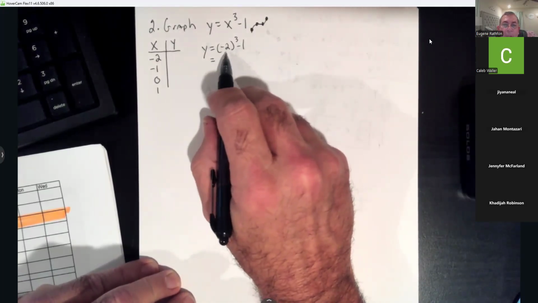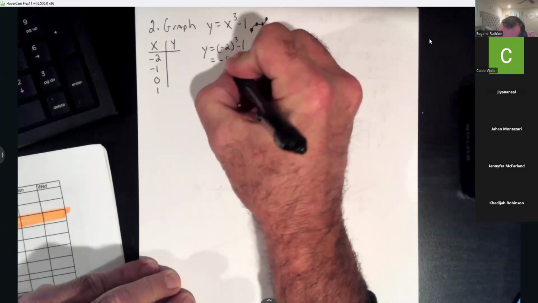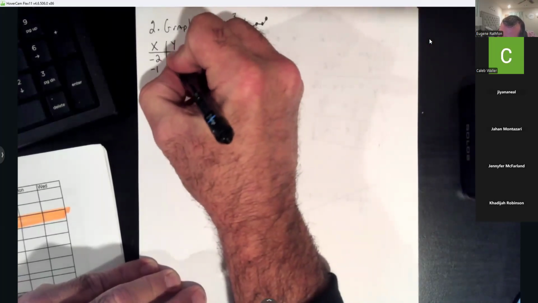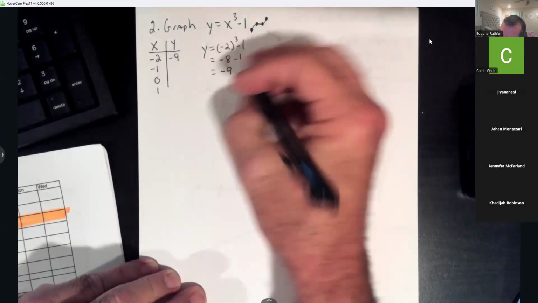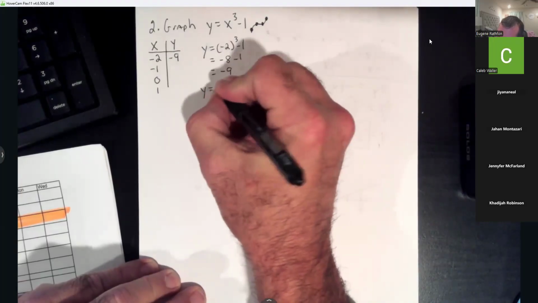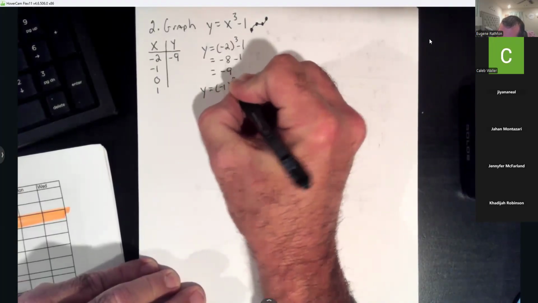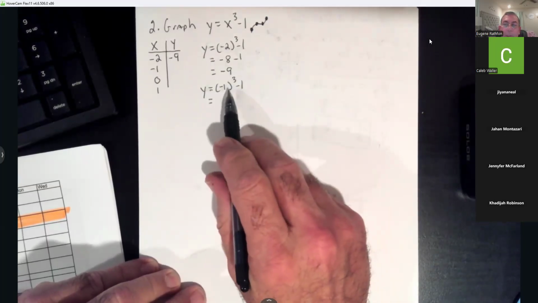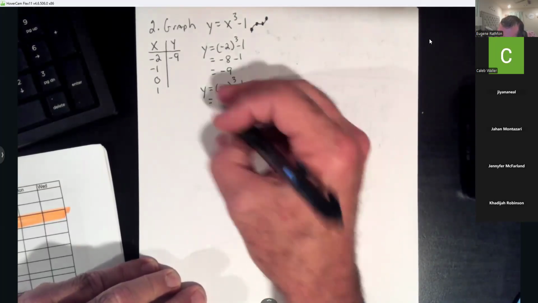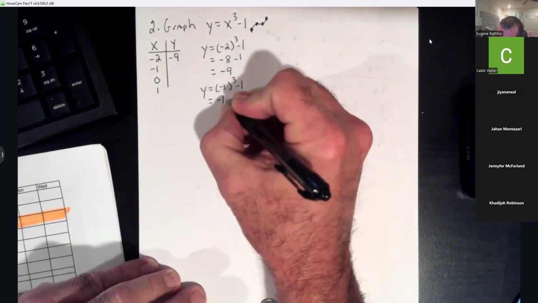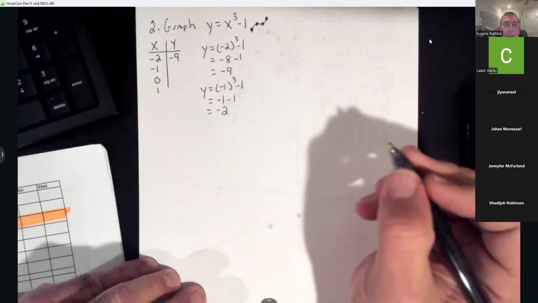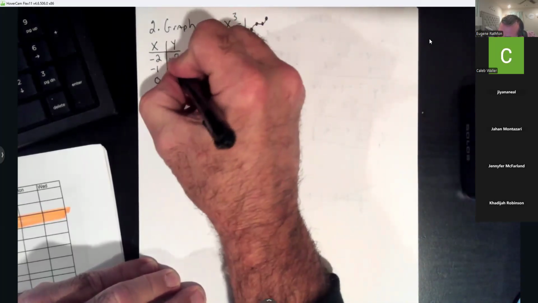-2 times -2 times -2 is -8, minus 1, which gives me -9. Then I'm going to put a -1 in. So -1 cubed minus 1. Well, y'all, -1 times -1 times -1 is -1, minus 1, which gives us -2.